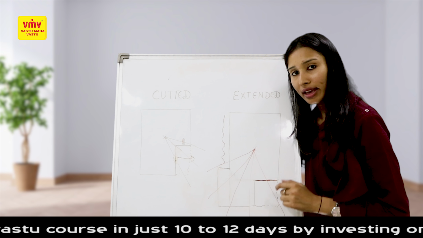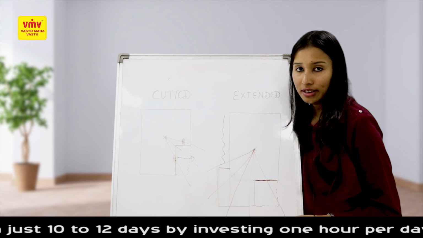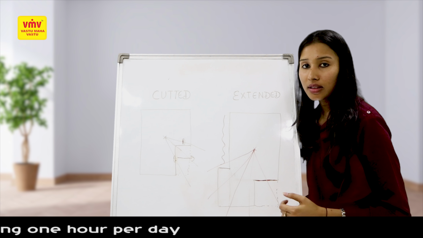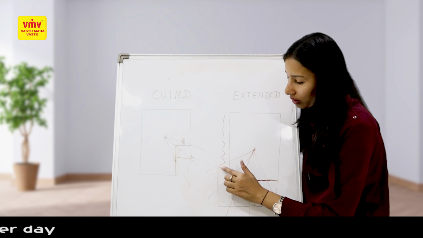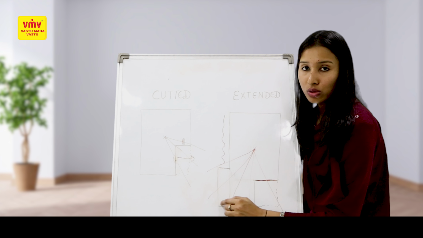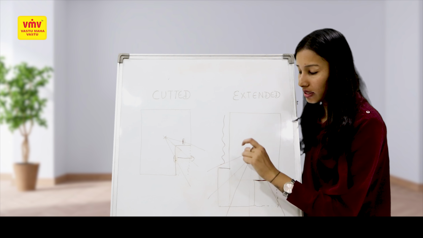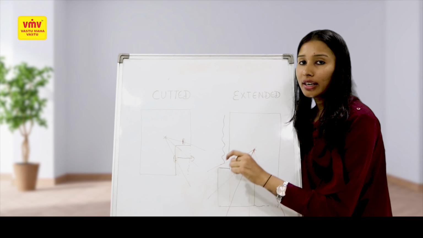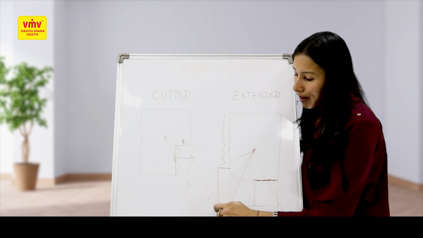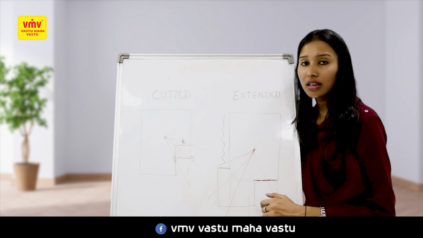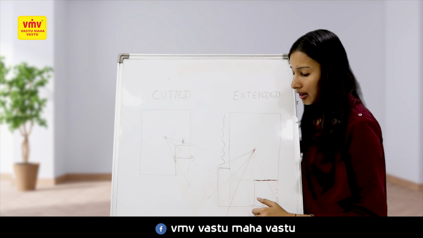We do not want anything to be too much extended or too much less. So again we will balance it with colors by painting the skirting of the wall and the ground also, 3 inches on the ground and 3 inches on the skirting. When we paint like this, that will balance the extension part.